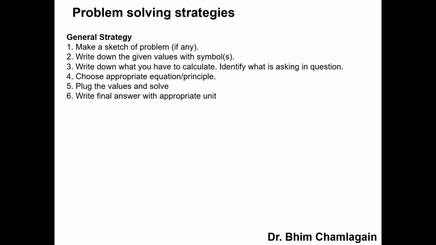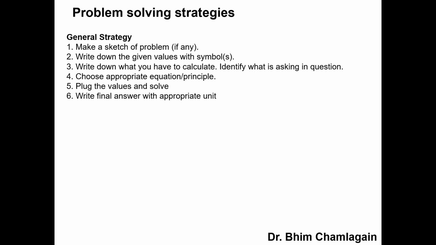Third is write down what you have to calculate, which identifies what the question is asking. After clearly writing steps two and three, you choose the appropriate equation. Find from the equation sheet which equation is appropriate, or which principle you want to use to calculate.